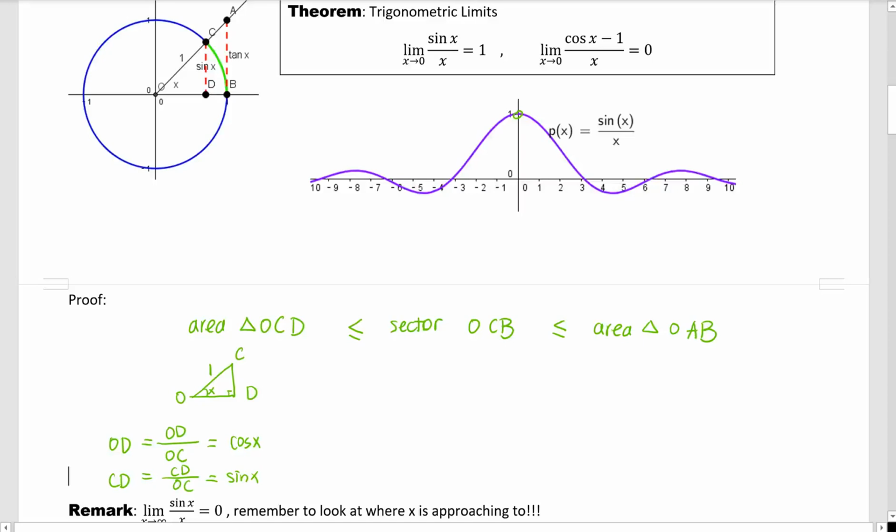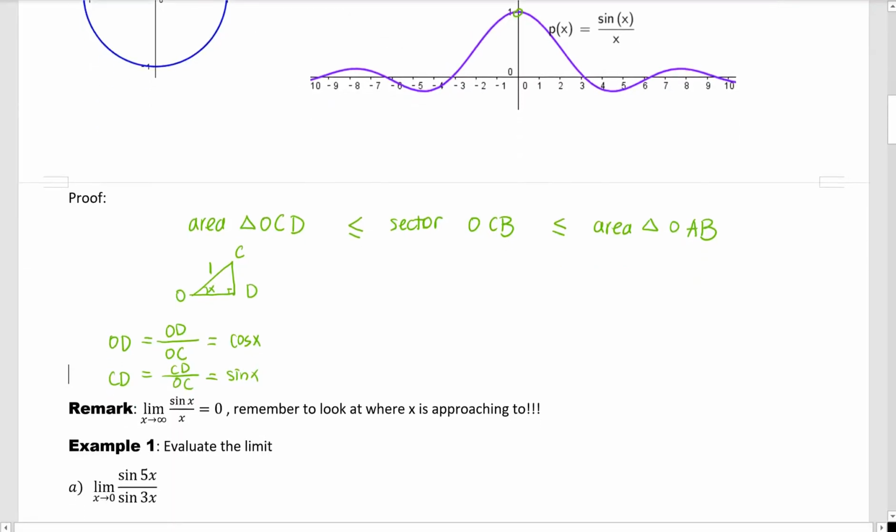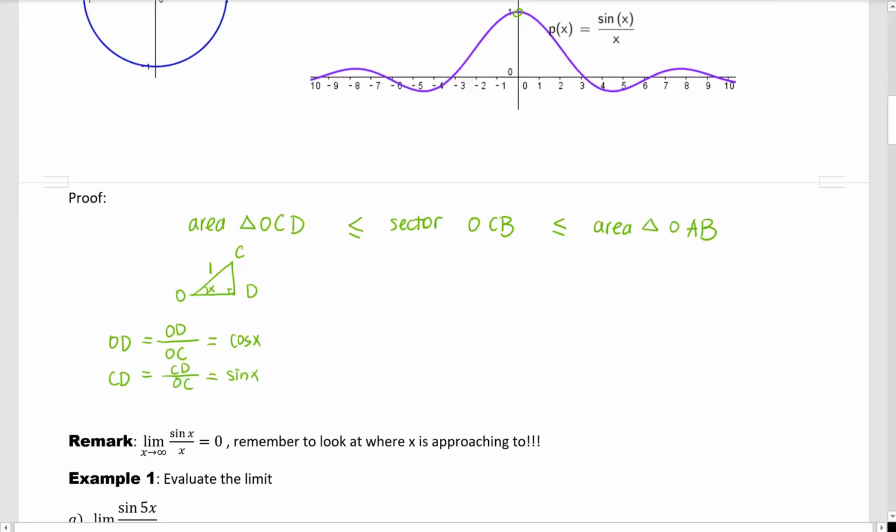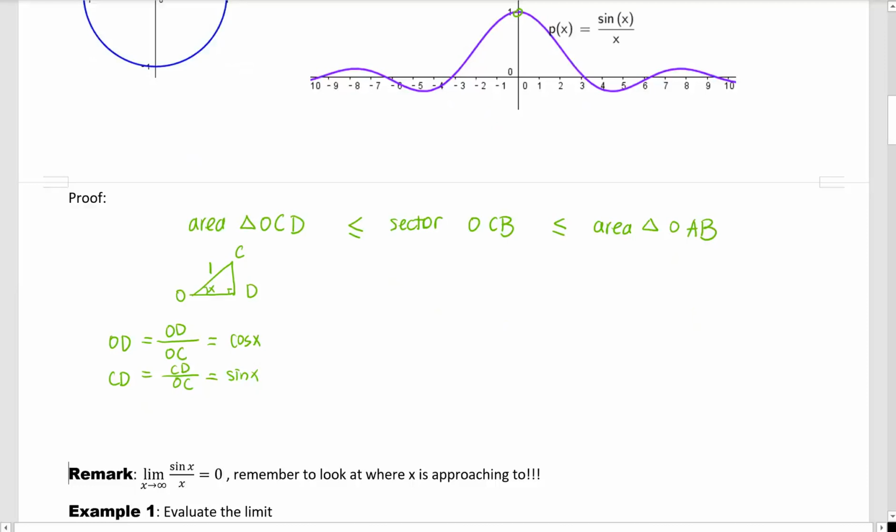I ran out of space, so let me make more room here. Okay, so what is the area of OCD? Well, that is 1/2 base, where the base is OD, cosine x, times height, where the height is sine x. That's the area of OCD.